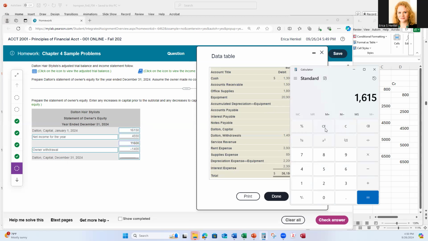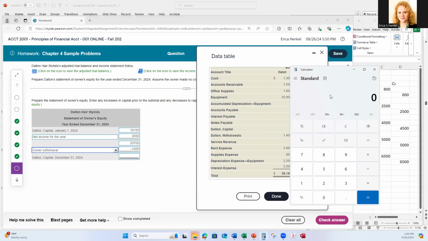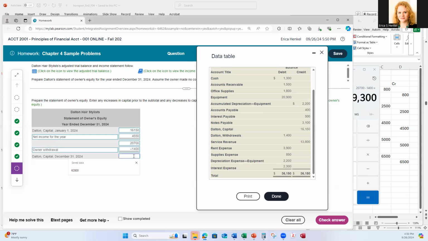So 16,150 plus net income, 20,700. Sorry. Talking and typing. Okay, so then the 20,700 minus our withdrawals of 1,400, which decrease our equity in the company. So net income increases our equity, adding that in, and withdrawing cash out of the company decreases our equity. And a reminder, our equity is equal to the amount of our assets that we own after we consider the liabilities that we need to pay.